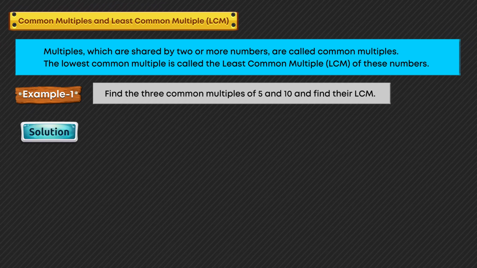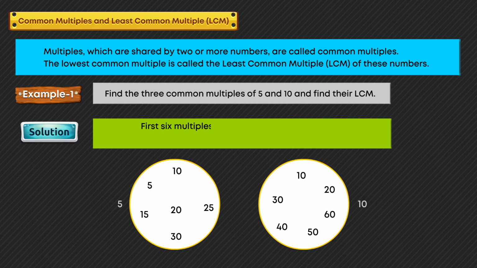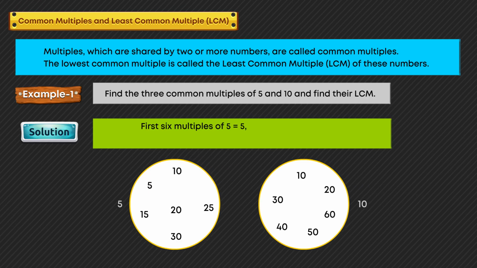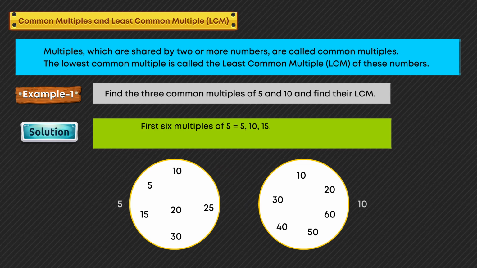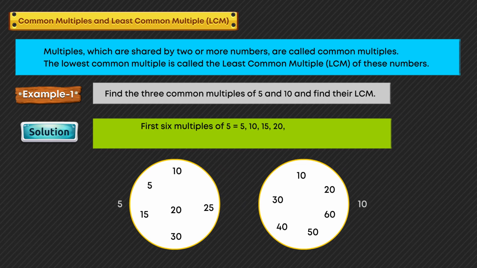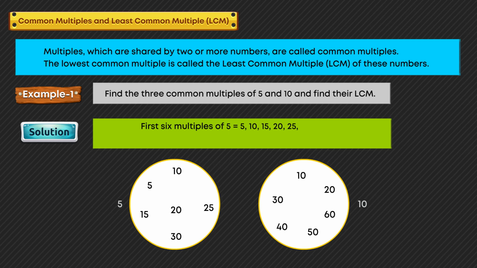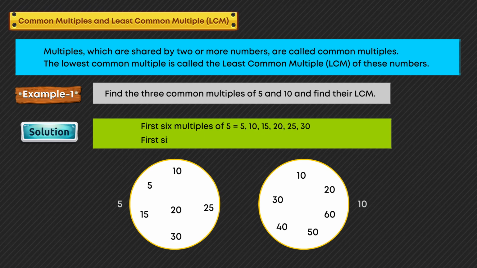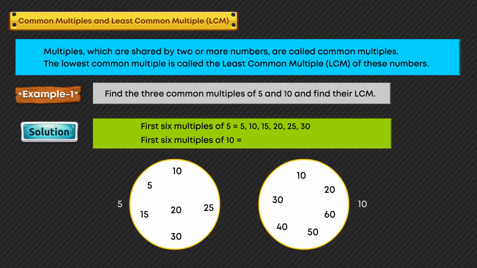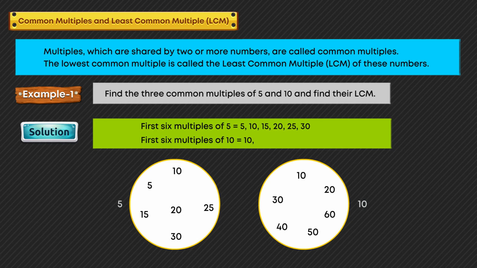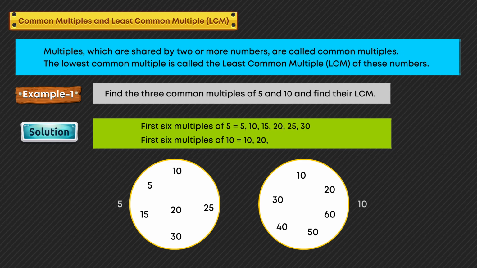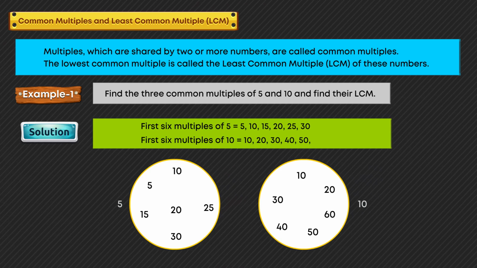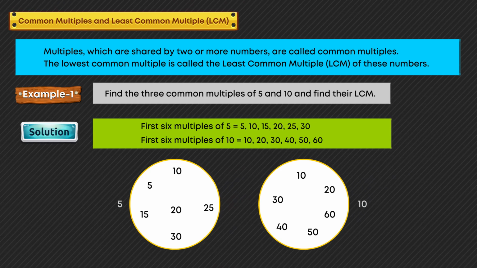Solution. First 6 multiples of 5 are 5, 10, 15, 20, 25, 30. First 6 multiples of 10 are 10, 20, 30, 40, 50, 60.